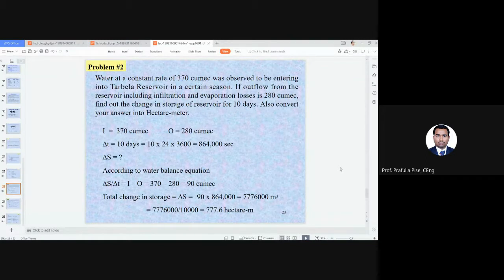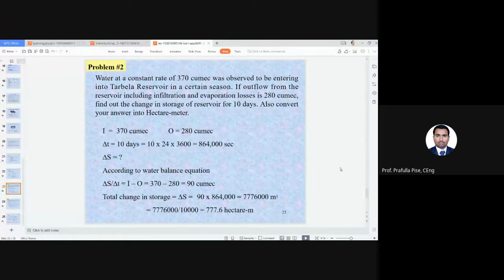Now we already know delta T, which is 864,000 seconds. So we multiply 90 cubic by delta T to get delta S, which is 7,776,000 meter cube, or cubic meter.